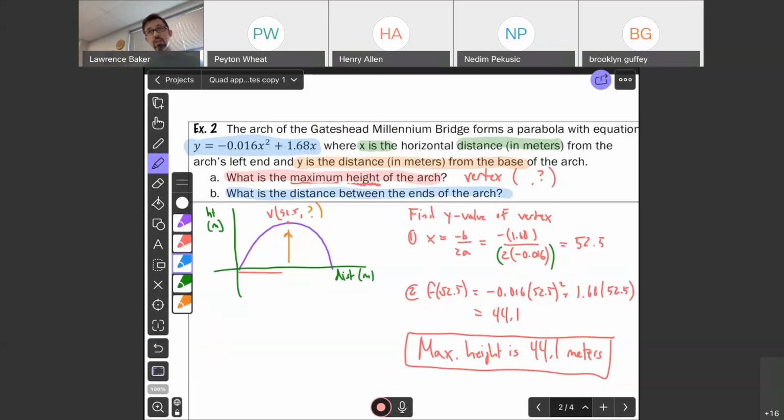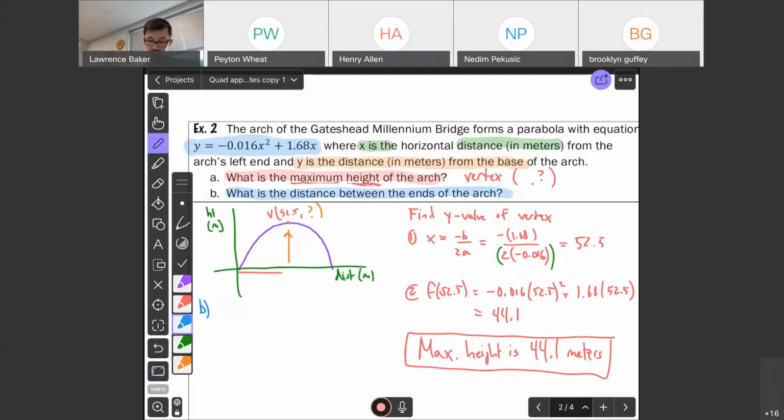What's the distance between the ends of the arch? Okay. So what is this question asking about? In math, how do we rewrite that question? What does it want us to find? X-intercepts, yeah.